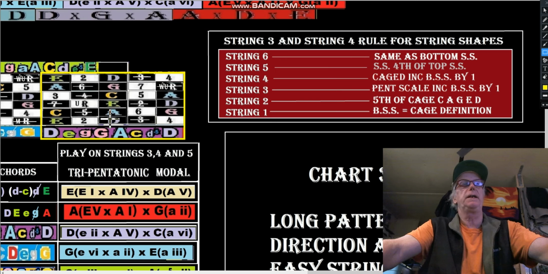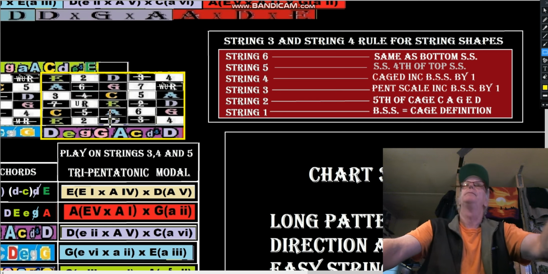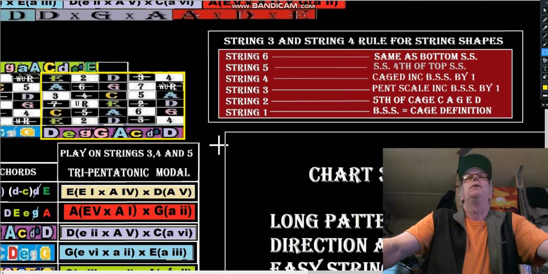So you got A in the key of E, you got E, A, C, but the 5th of the E string shape is the C string shape. So they're converse pairs. The 4th of the C string shape is the E string shape. The 5th of the E string shape is the C string shape. Sorry. So that's with the 4th and the 5th.